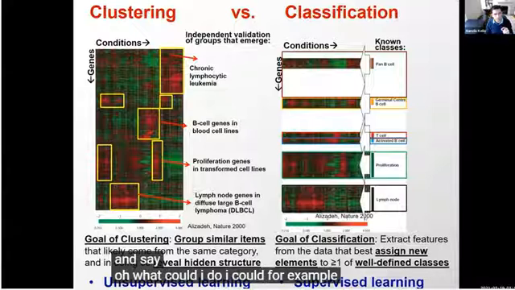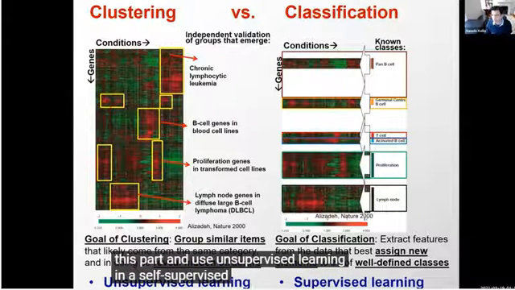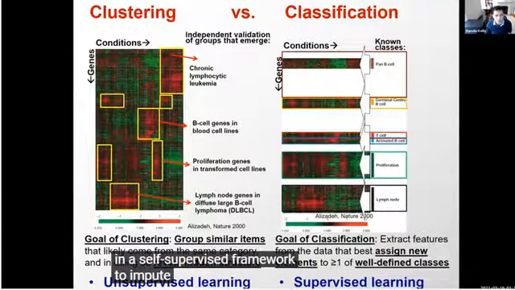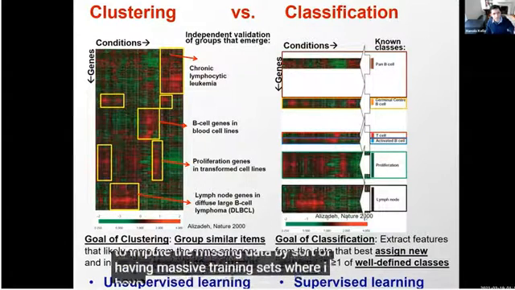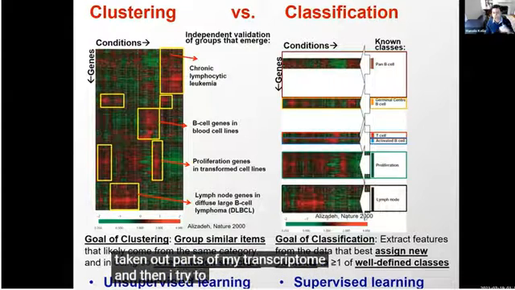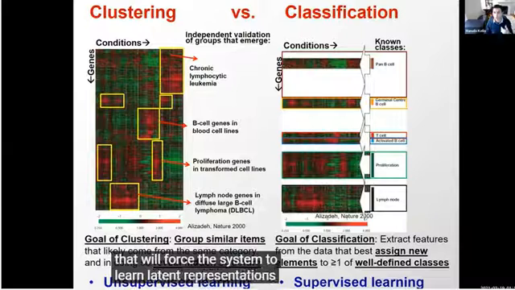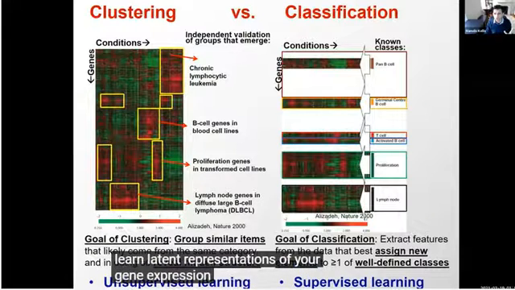I could, for example, erase this part and use unsupervised learning in a self-supervised framework to impute the missing data by having massive training sets where I have taken out parts of my transcriptome, and then I try to re-predict them. And that will force the system to learn latent representations of your gene expression patterns and so on and so forth.